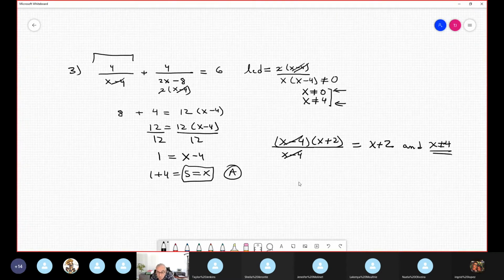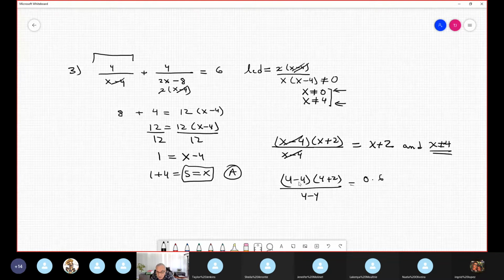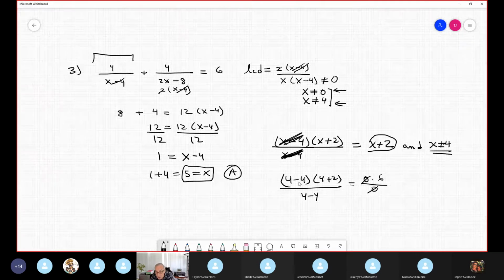Because suppose that x is 4: 4 minus 4, 4 plus 2, 4 minus 4. 4 minus 4 is 0. 0 times 6 divided by 0. If I cancel out 0, I can't do that. So I can cancel out only under the consideration that x is not 4. See, if x is 4, this expression is not equal to this.